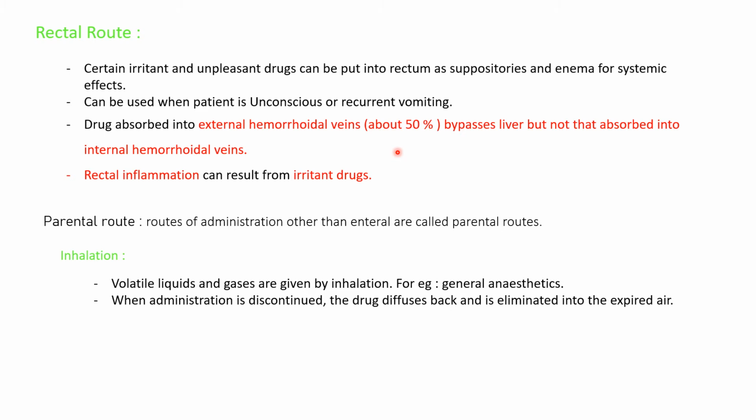The drugs which are absorbed by these external hemorrhoidal veins can bypass the liver, but not the drug which is absorbed by the internal hemorrhoidal veins. The drug which is absorbed by internal hemorrhoidal veins cannot bypass first pass metabolism. That is the meaning there. And rectal inflammation can result from irritant drugs.